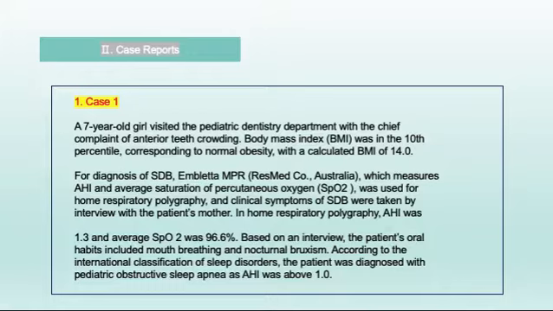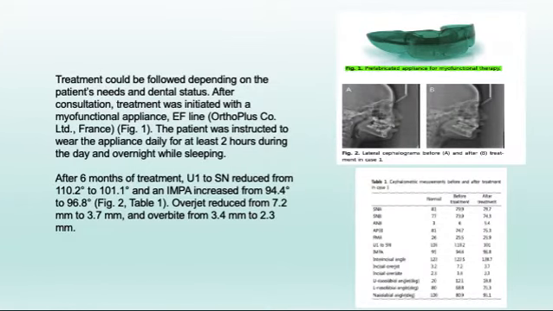The patient's mother was informed that the main purpose of the MFT was orthodontic improvement with resolution of STB, and that comprehensive orthodontic treatment could follow depending on the patient's need.